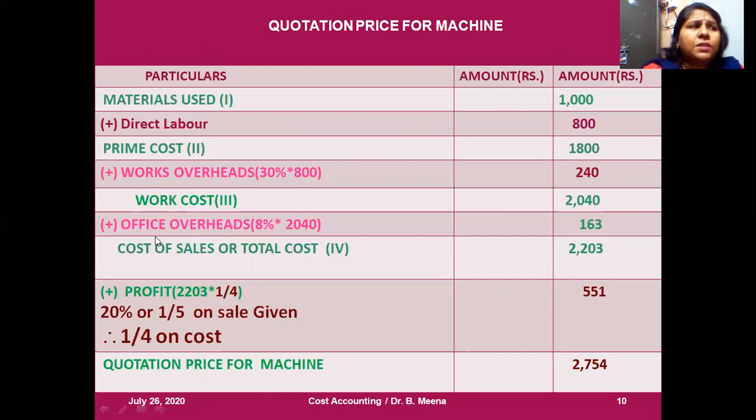Then the office overheads percentage I calculated as 8%. So I can take that 8% on work cost, the quotation work cost. What is the work cost for the quotation? On that only I need to apply.